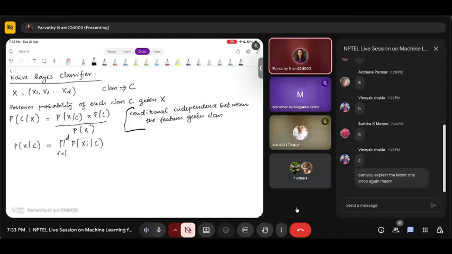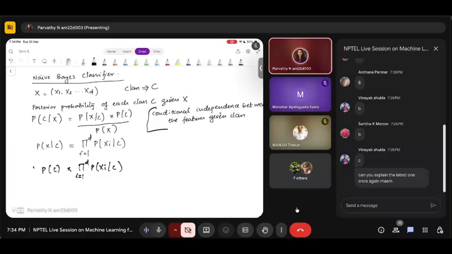And the final posterior probability is the one that maximizes this part, that is probability of C into the product of i from 1 to D of probability of xi given C. So we take the argmax of this, and this is the maximum posterior probability that we get.